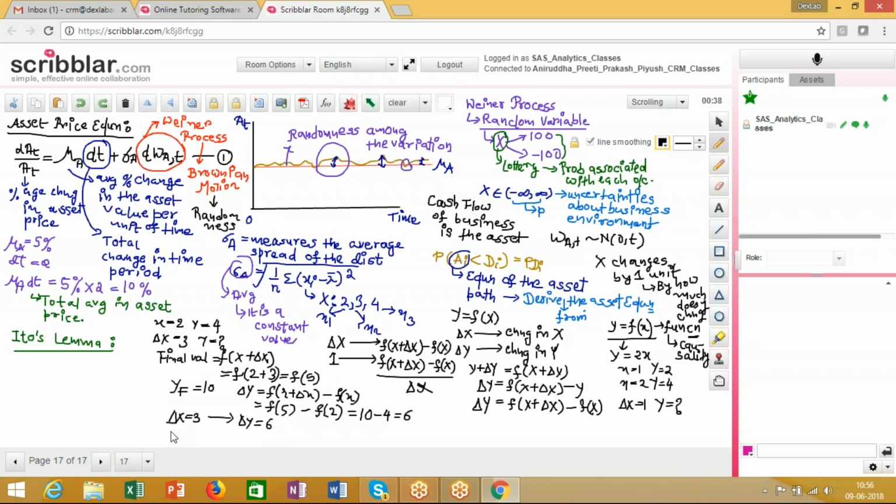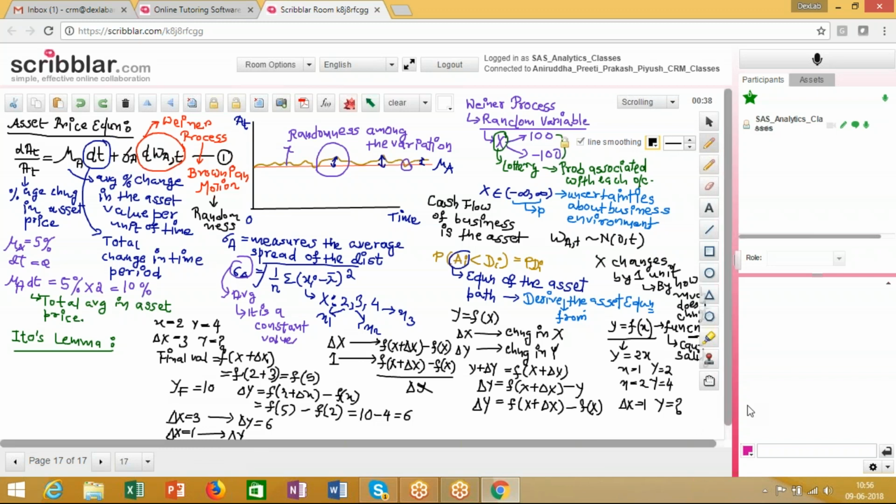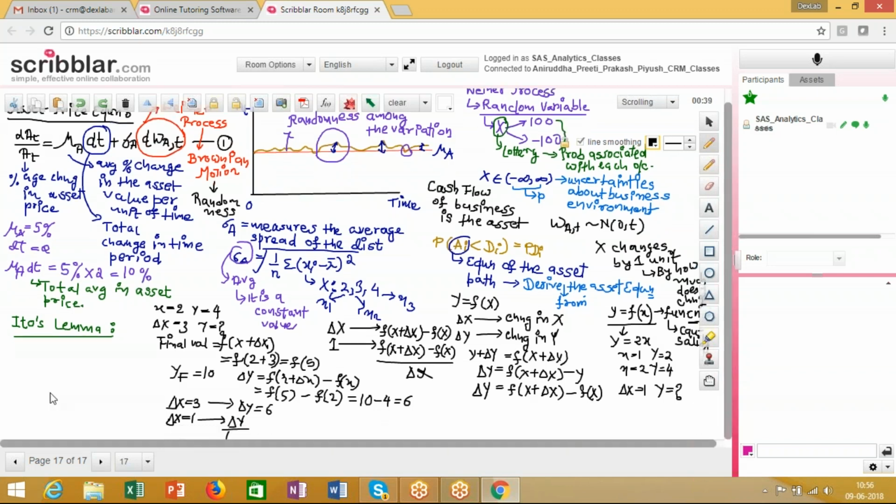So if x changed by 1 unit, that is delta x is 1 unit, what will be the corresponding change in y? It is delta y by delta x, which is equal to 6 by 3, which is 2 units.